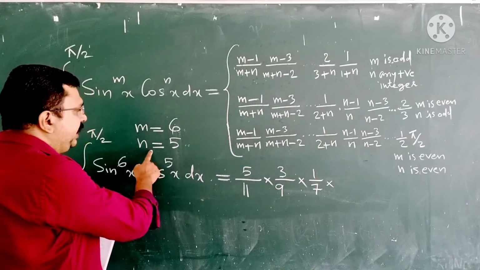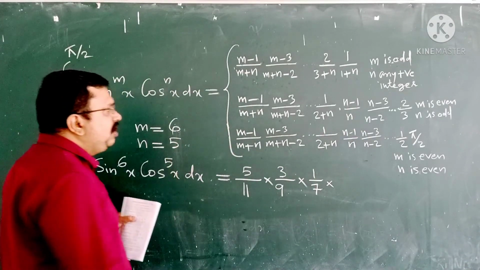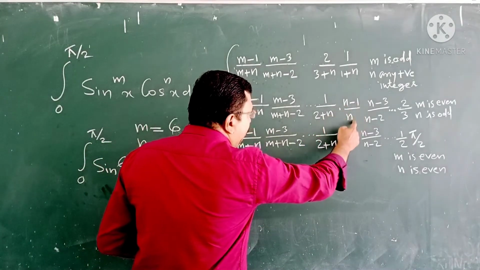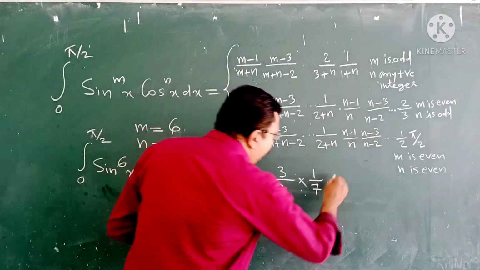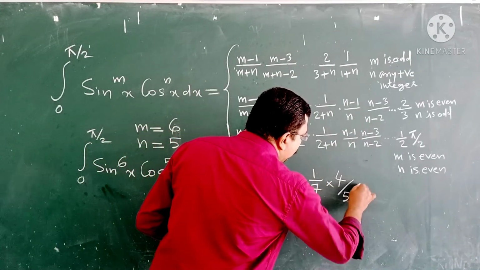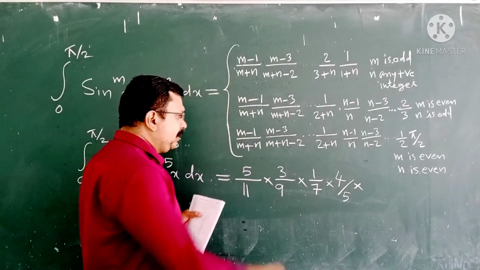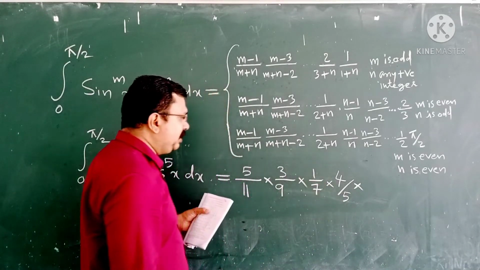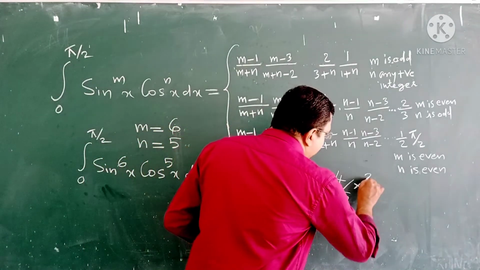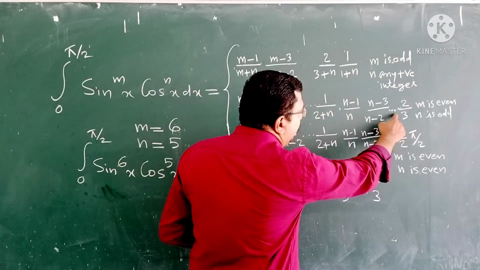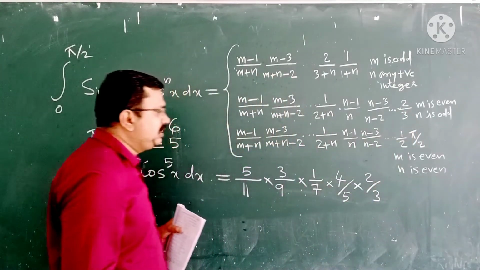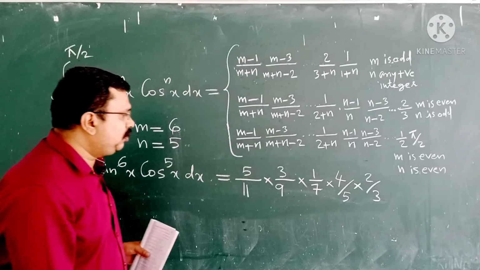What is our n? n is 5. Therefore 5 minus 1 by 5, that is 4 by 5 into, 2 is subtracted from numerator and denominator, then we will get 2 by 3. Here 2 by 3 is the last term. Therefore this is our answer.